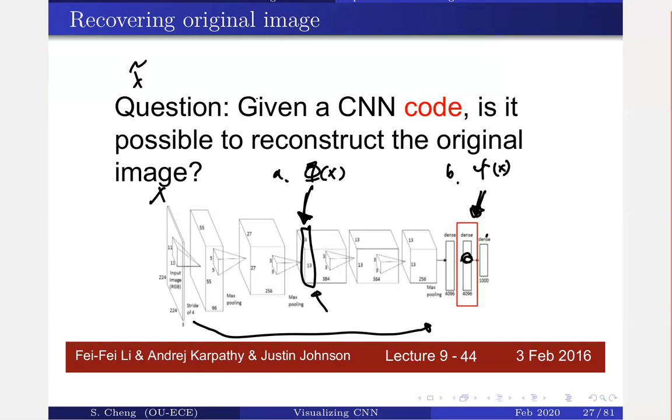So I solve for x tilde as the argmin of the difference between phi x and phi x prime, with the loss of phi x and phi x prime here, plus some regularization on x prime.